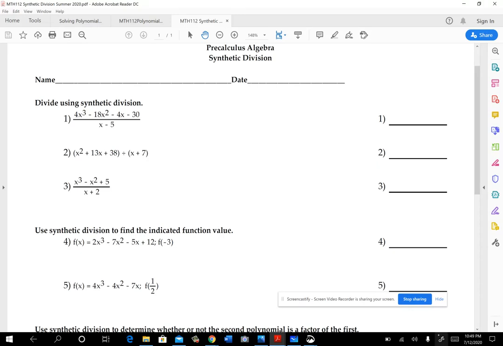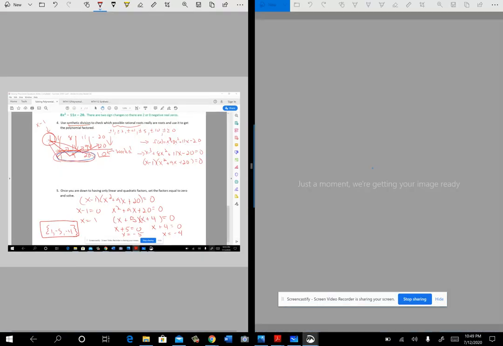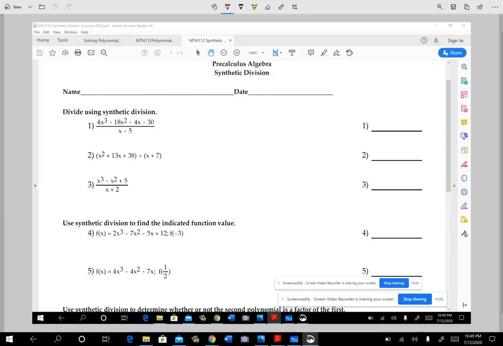All right, so the first 3 questions are just asking you to divide using synthetic division. The big thing here to watch out for is that if you've got x minus 5, you have to know that 5 goes in the box. What goes in the box is the root or the 0.